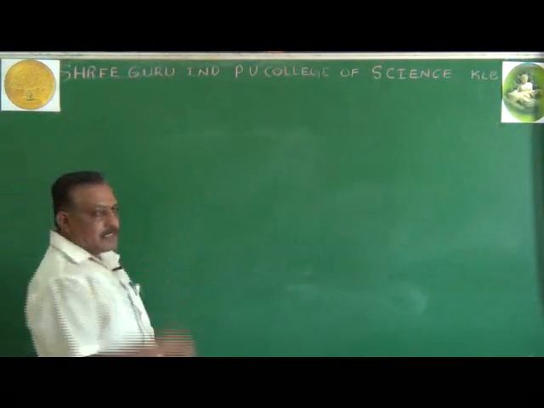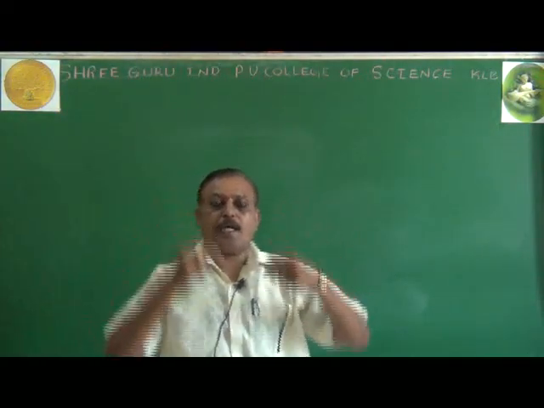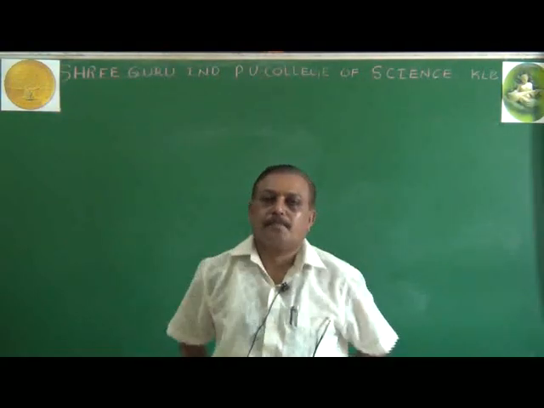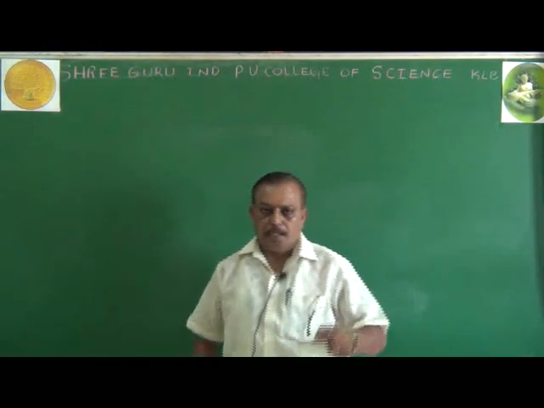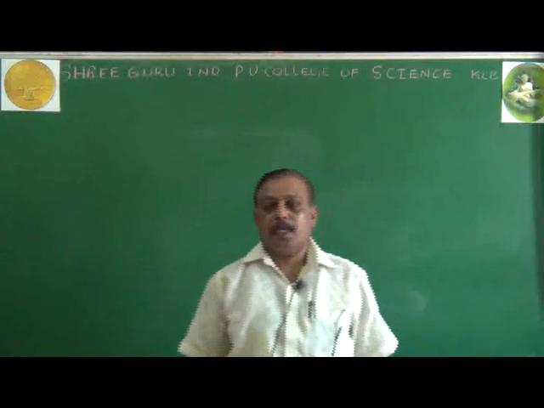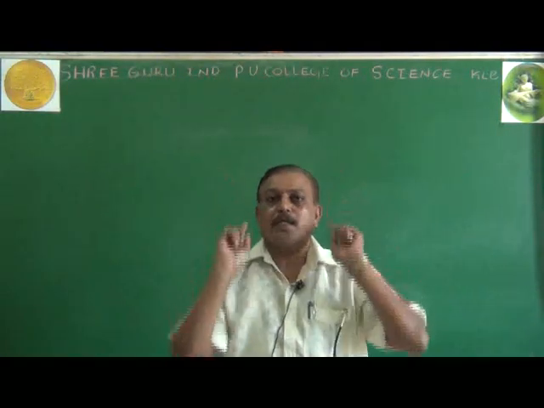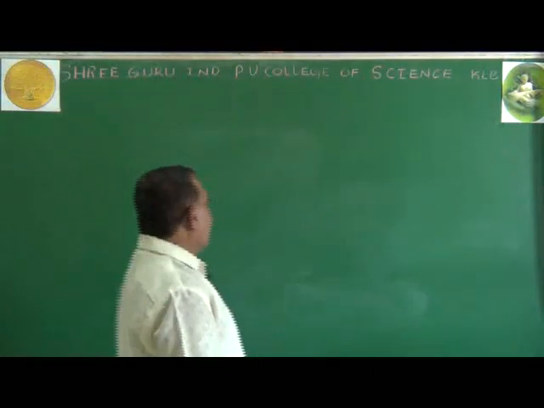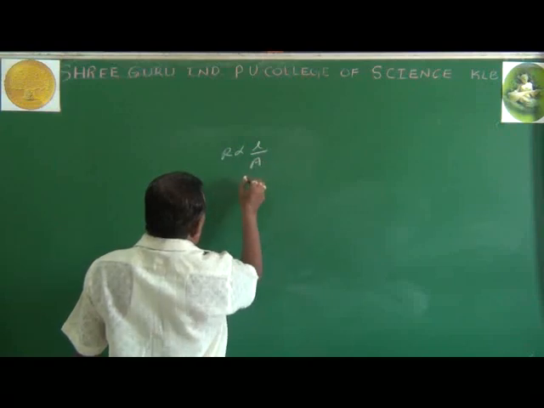When the wire is stretched, there is an increase in the length and a decrease in the cross-section area, but the volume remains the same. Are you getting the point? When the wire is stretched, the length increases, the corresponding cross-section area decreases, but the volume of the wire remains constant. Hence, R is directly proportional to L and inversely proportional to cross-section area.